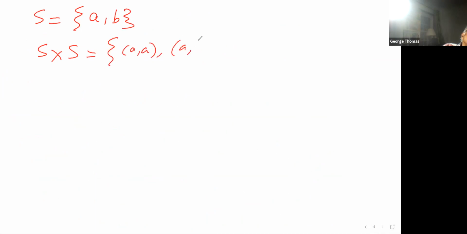Now, if you start with just AB, the Cartesian product of S with S will be A comma A, A comma B, B comma A, B comma B. This is a set with 4 elements. How many subsets does it have?